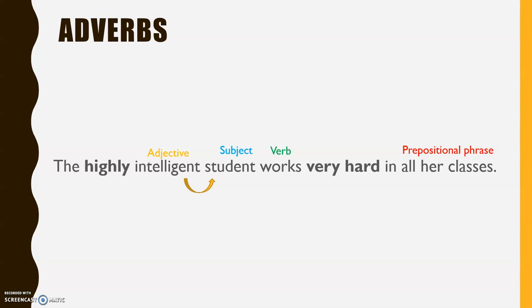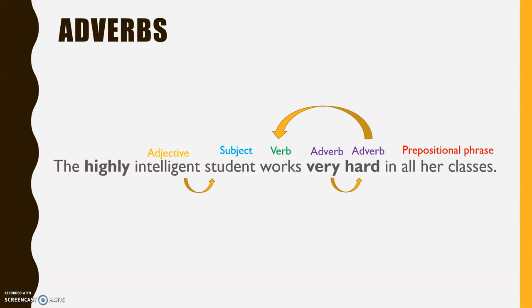Student works how? The student works hard, making the word hard an adverb that modifies the verb works. We have another word before hard, and the student isn't working very, but how hard is she working? Very hard. We have an adverb here modifying another adverb.